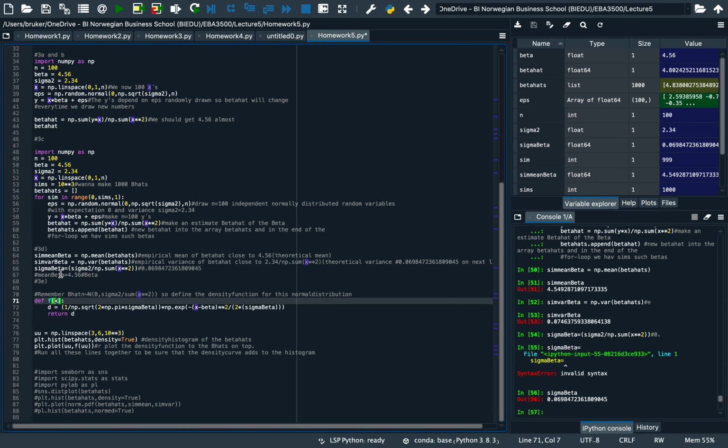So here I define the normal PDF, the probability density function of this normal distribution, and we know that that is 1 divided by the square root of 2 pi times sigma beta, which is this one, and times e to the power of minus x minus beta to the power of 2 divided by 2 times sigma beta.